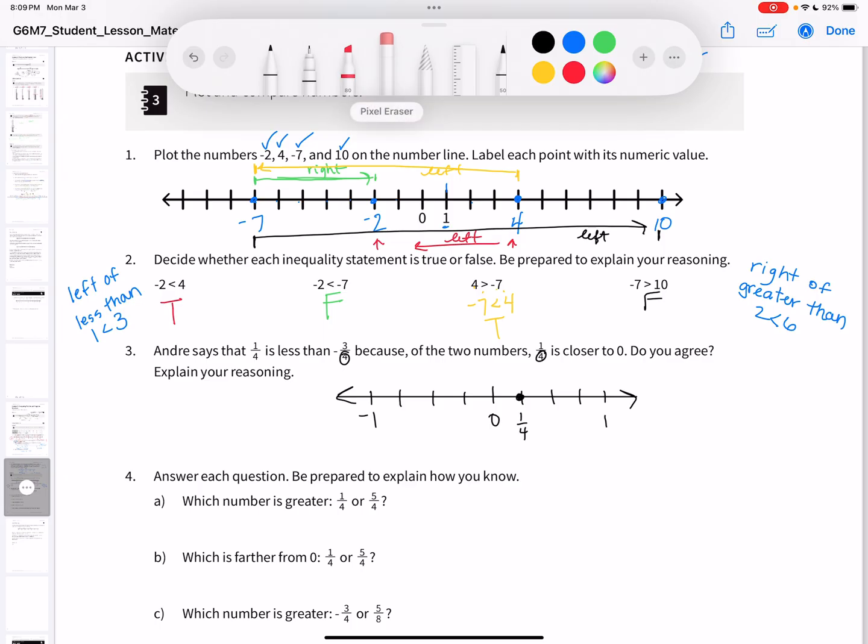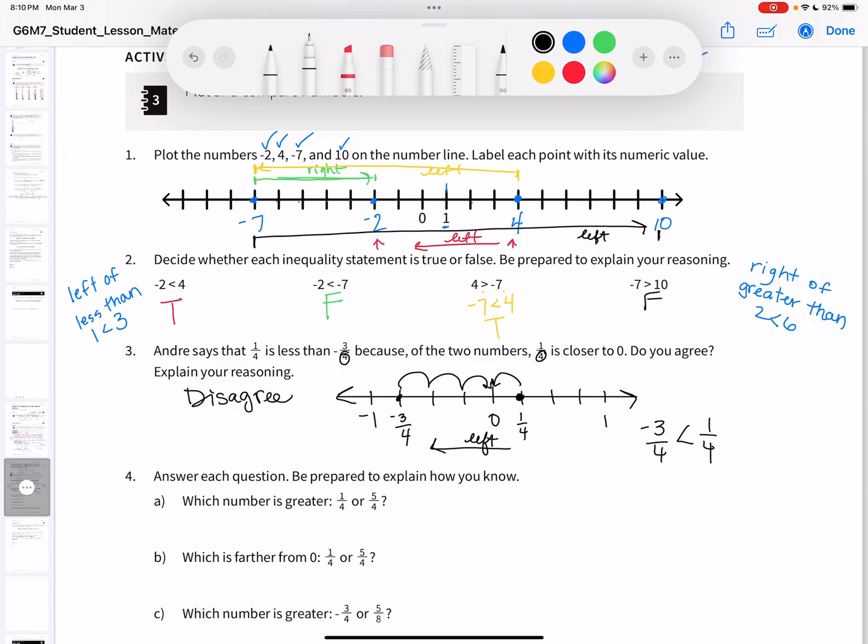And negative 3/4 would be 1, 2, 3, negative 3/4 right there. So it is true that 1/4 is closer to 0 than negative 3/4, right? But negative 3/4 is to the left of 1/4. So negative 3/4 is actually less than 1/4. So we would disagree.